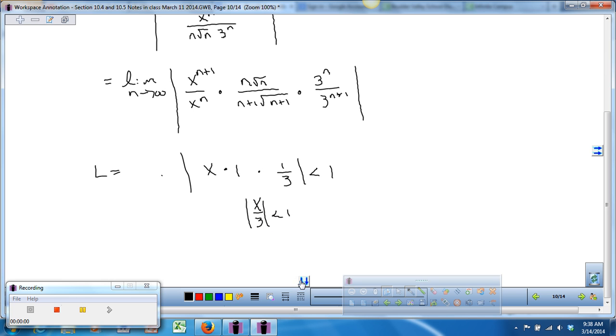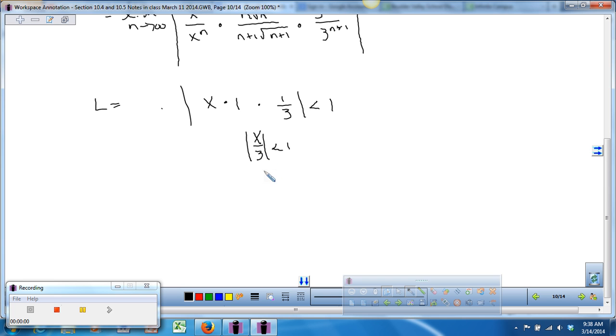We set up our compound inequality, and that becomes negative 1 less than x over 3 is less than 1, and we solve that by multiplying by 3. That is our open interval of convergence.